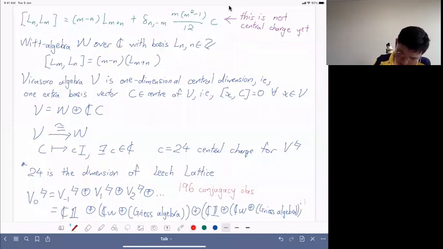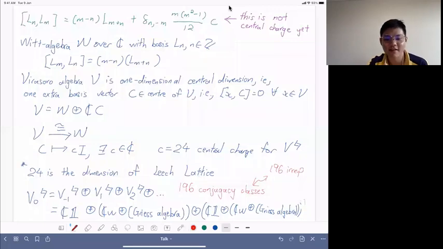And you already know that this means that there are only 194 irreps for the monster. Okay, so how do they come out with this infinite representation? They are just a direct sum of irreps. Okay, and this direct sum turns out to match up with the coefficients of the j function. Okay, that's the story.